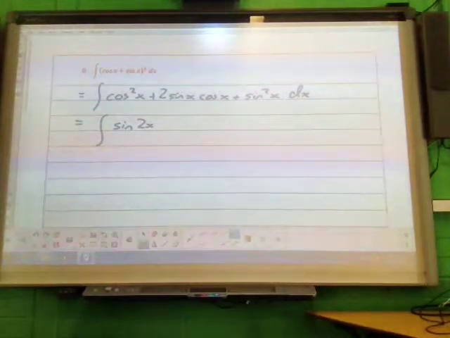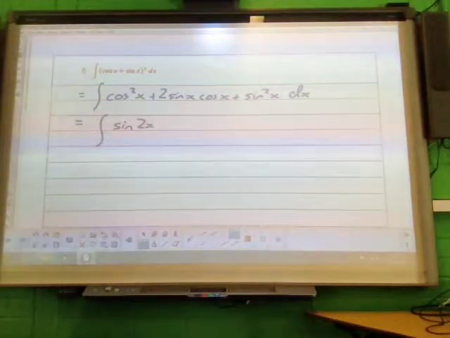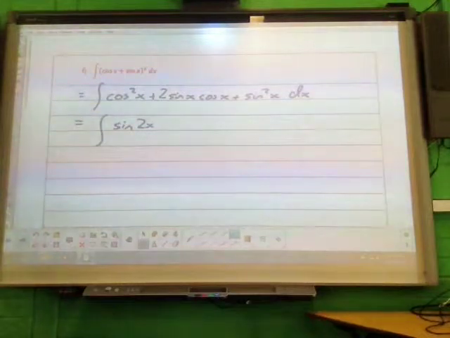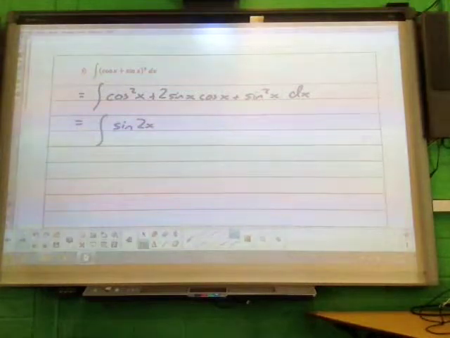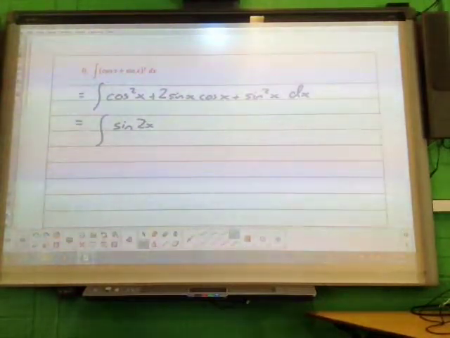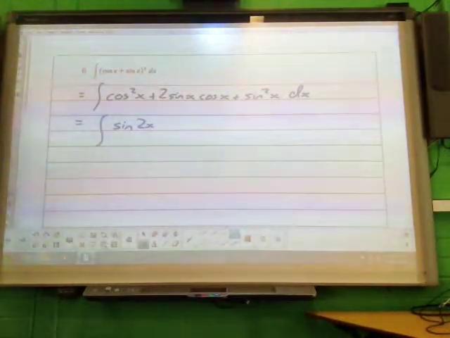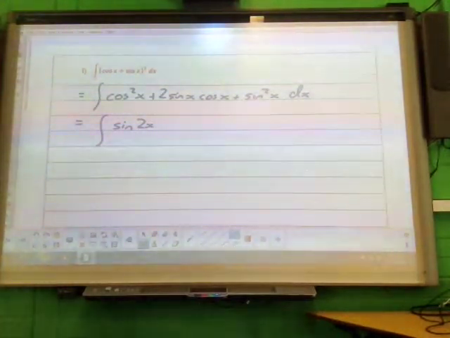What happened when there's addition? We've used this in the previous 4 examples. Sine squared plus cos squared is... So obvious, isn't it?